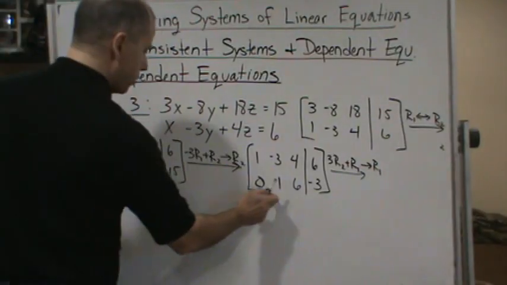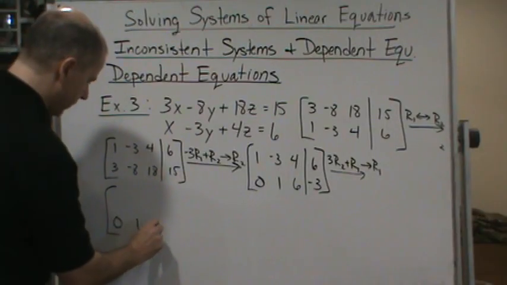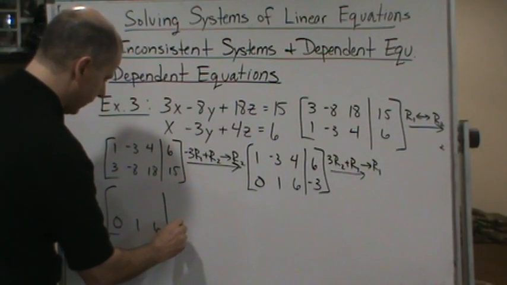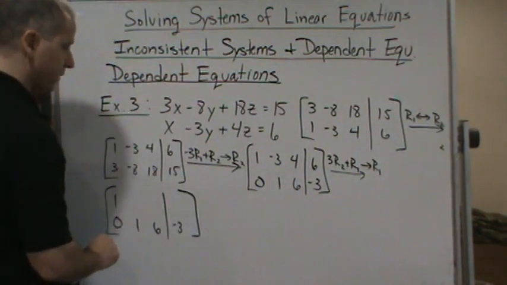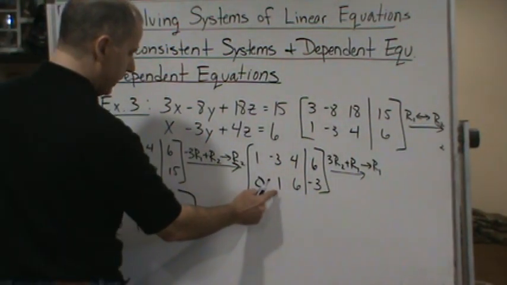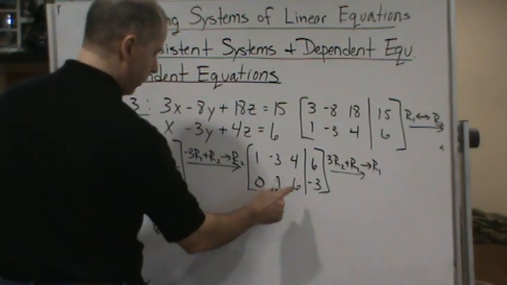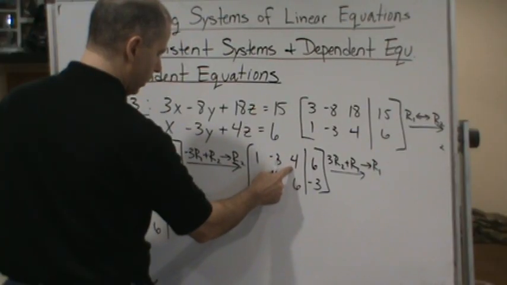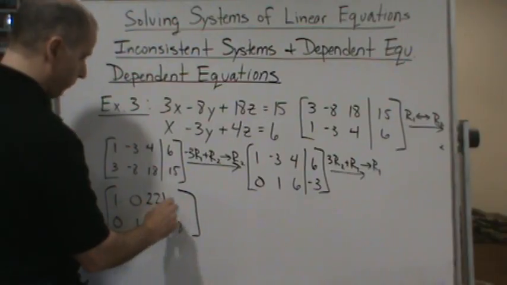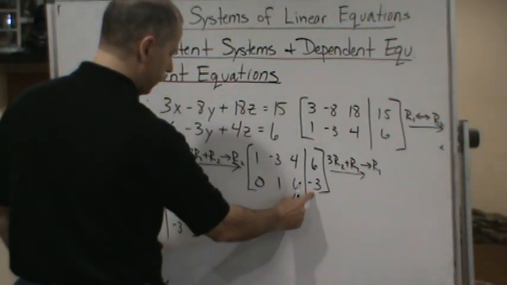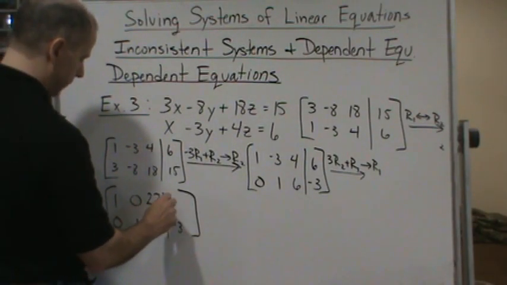Okay, so row 2 is going to stay the same. So that's going to be 0, 1, 6, negative 3. And then this is going to stay the same. That doesn't change. 3 times this plus this is 0. 3 times 6 is 18 plus 4 is 22. And 3 times negative 3 is negative 9, plus 6 is negative 3.